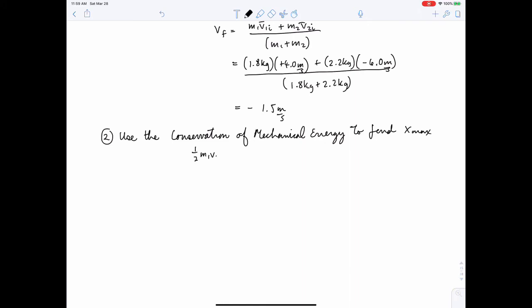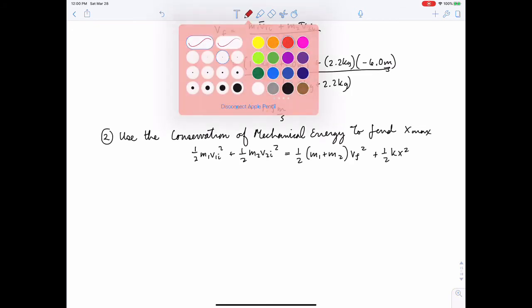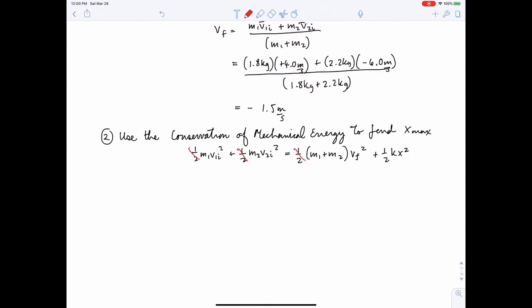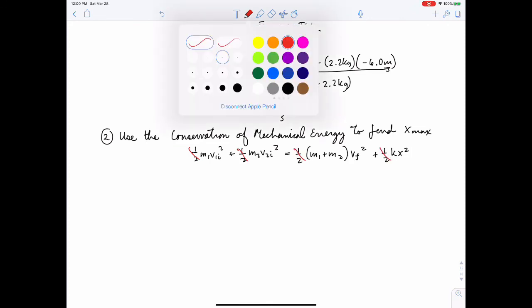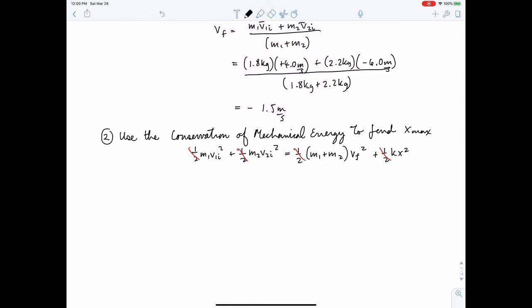It's 1/2 m1 v1 squared plus 1/2 m2 v2 initial squared, and it's equal to 1/2 m1 plus m2 v final squared. So remember, they have the same final velocity, plus 1/2 kx squared. We can get rid of the 1/2 just as we've done in the past, multiplying both sides of the equation by 2, reducing this.